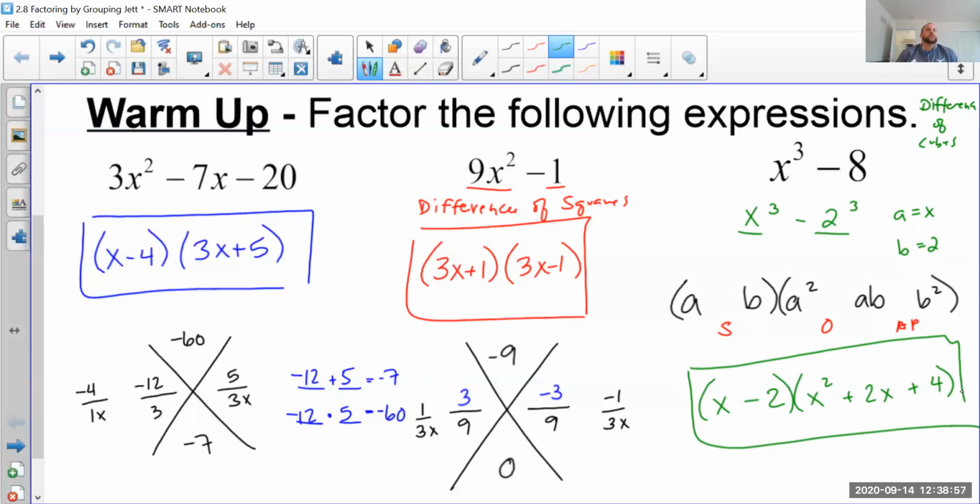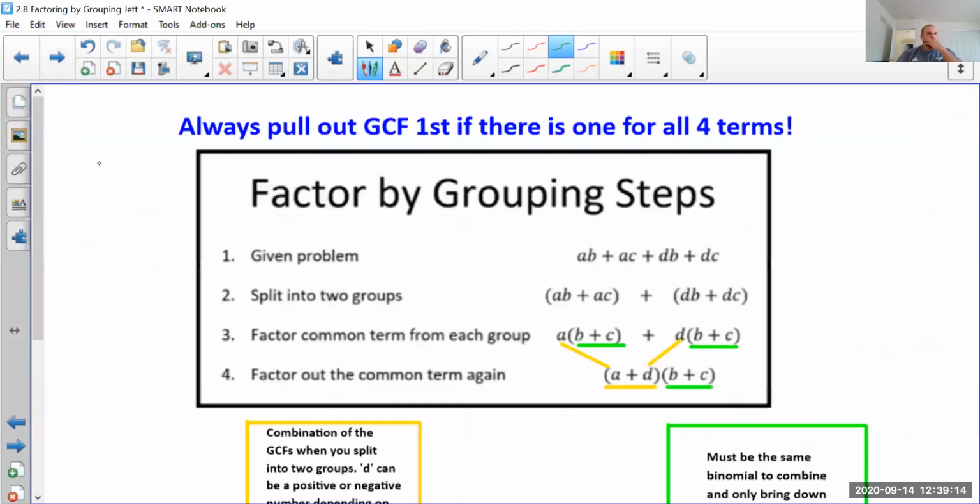All right, let's look at the new type of factoring we're going to look at today. So we have using the X method to factor our quadratics, whether it's 3 terms or 2 terms. We have sum and difference of cubes, and then today we have something called factoring by grouping.